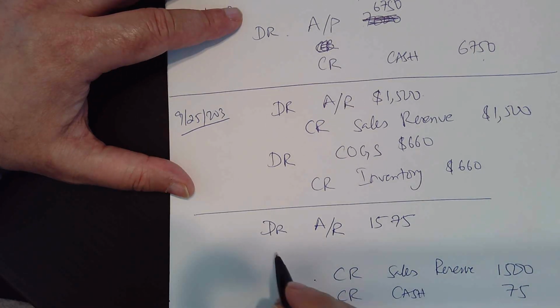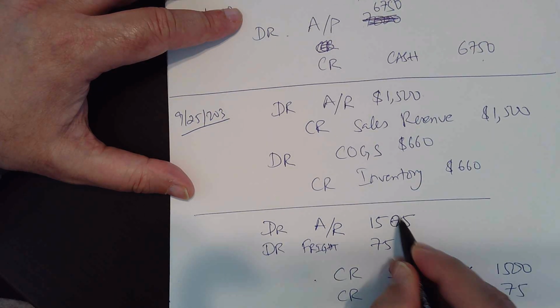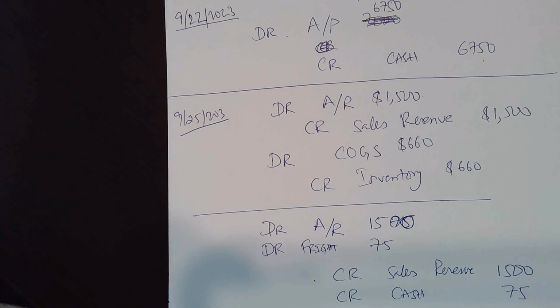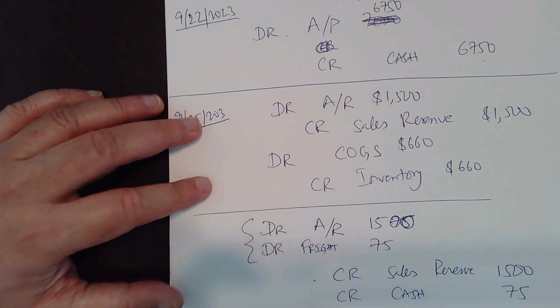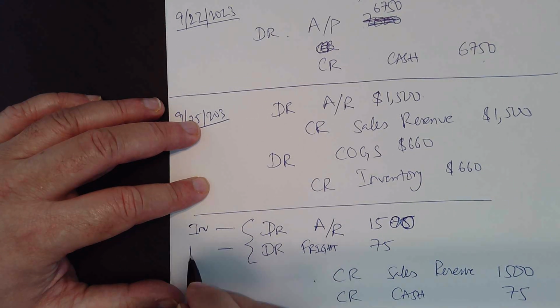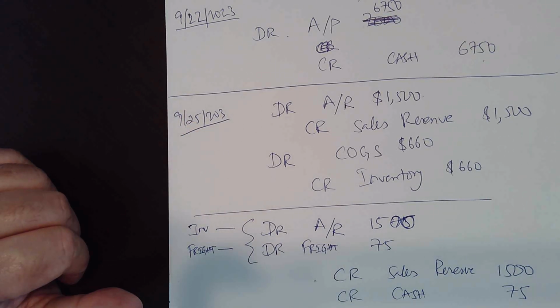Or you can put debit freight for $75 and leave this as $1,500. We can do it both ways, and we can give them this information about it. We can add this freight there in the bill, both pieces of information. This is for inventory and this is for freight. And then we have paid $75 in cash. Okay.